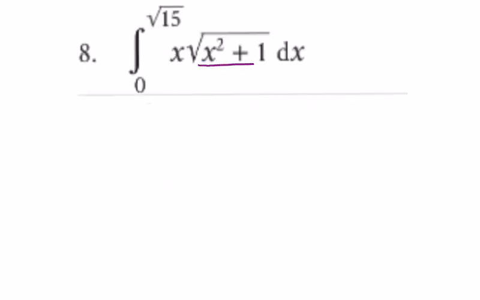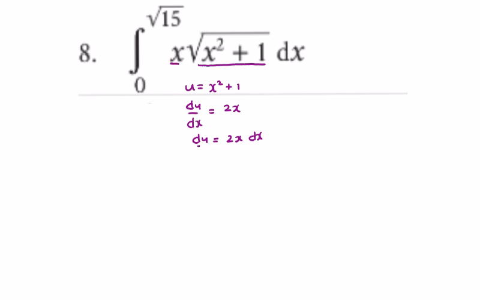Question 8, we have the square root of x squared plus 1. So if u is equal to x squared plus 1, du/dx is equal to 2x, and du is equal to 2x dx.